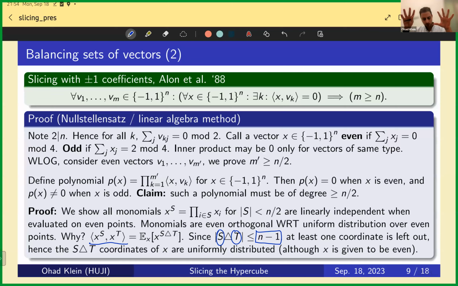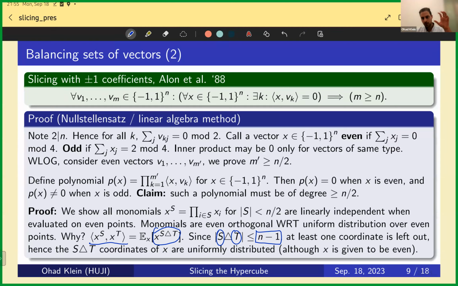I mean, the point is that no matter what happens in one side of x, if we consider x at these coordinates, then no matter that we condition that x is even, x has uniform distribution over a subset of the coordinates.